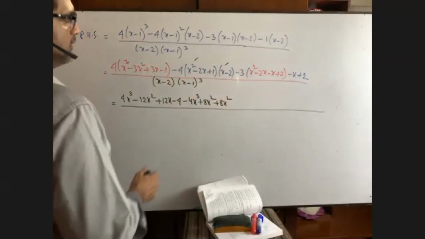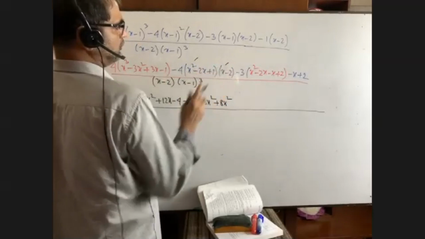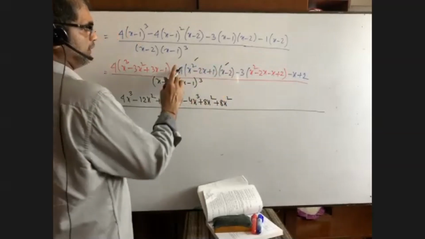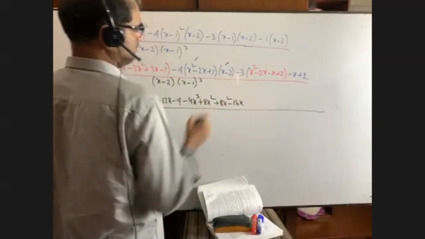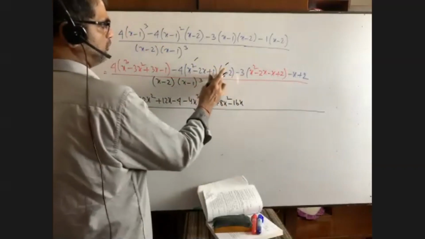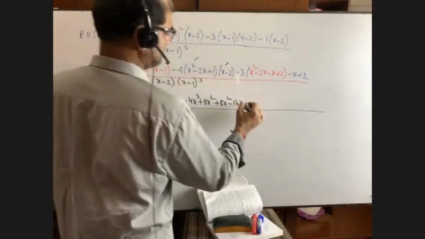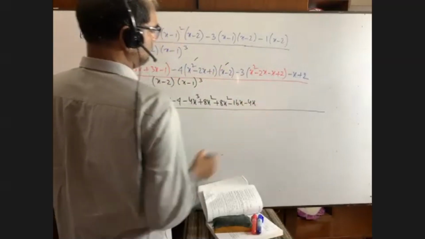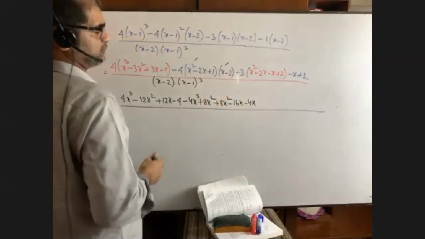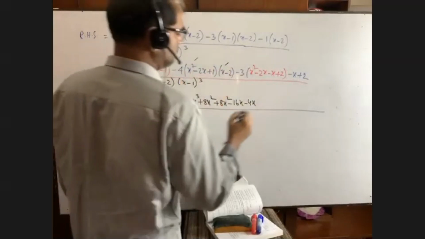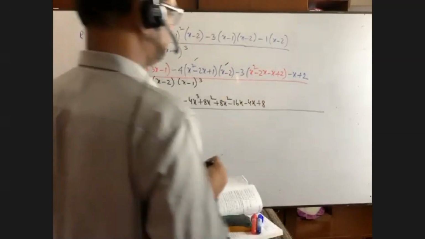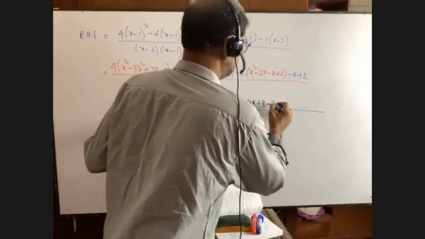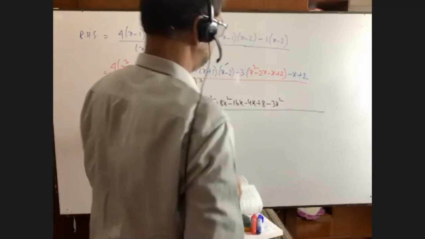Then minus 2x into minus 2, that is plus 4x, into minus 4, so minus 16x. This is 1 into x into minus 4, that is minus 4x. 1 into minus 2, that is minus 2 into minus 4, so plus 8. And here we are getting minus 3x square.